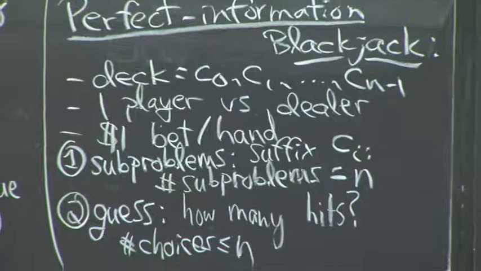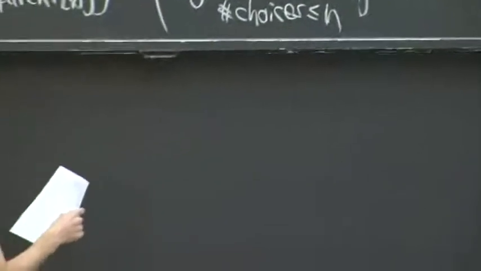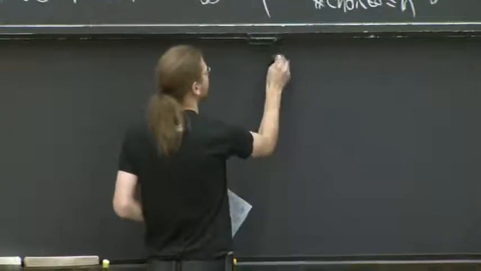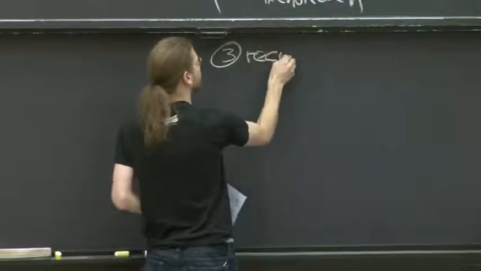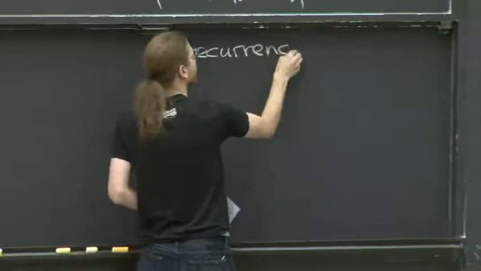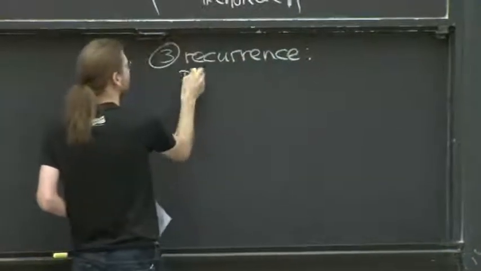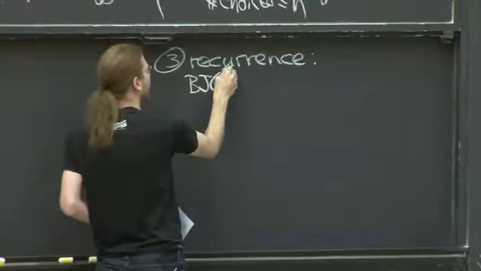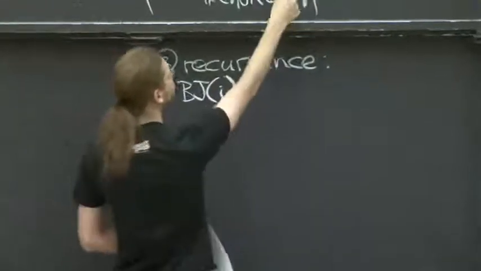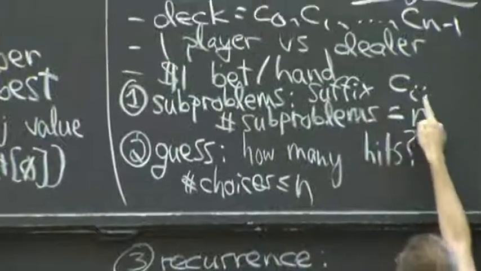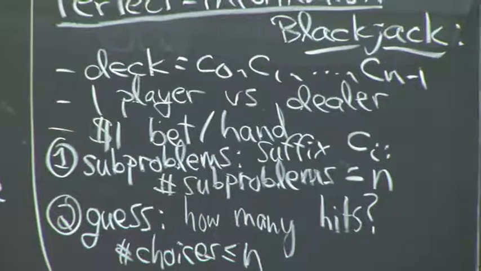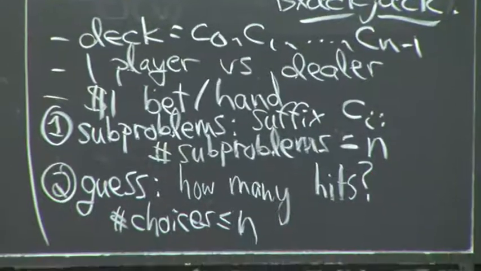Okay, now we go to the recurrence. So I'm going to call this blackjack of i the solution. I want to solve this subproblem from i onwards. What's the best play?